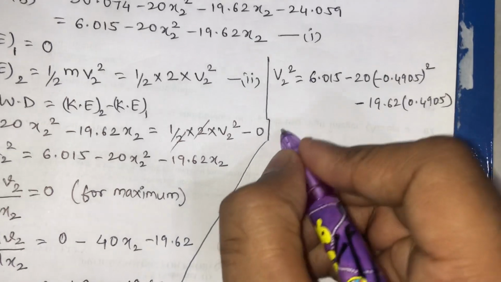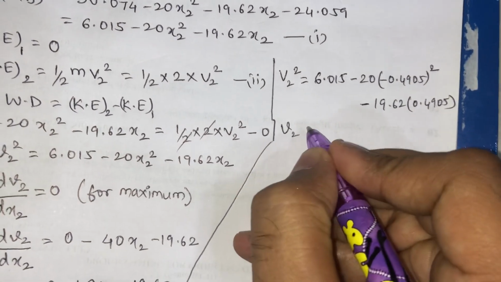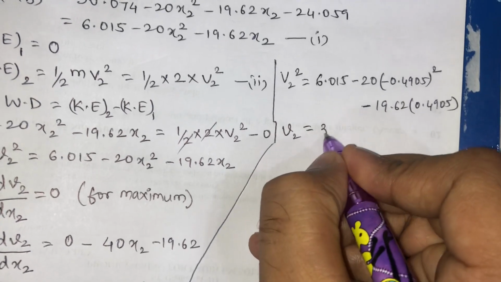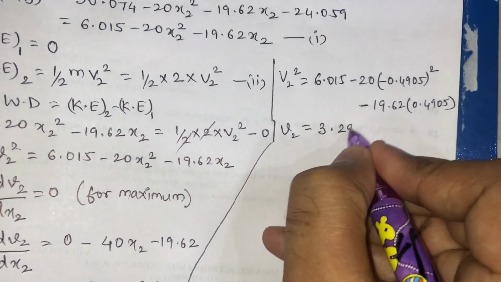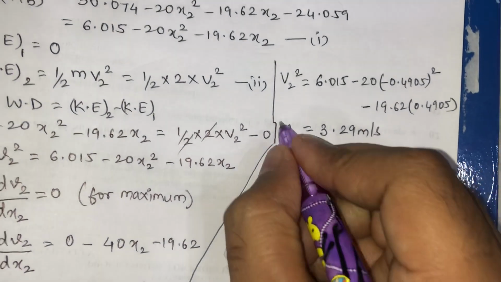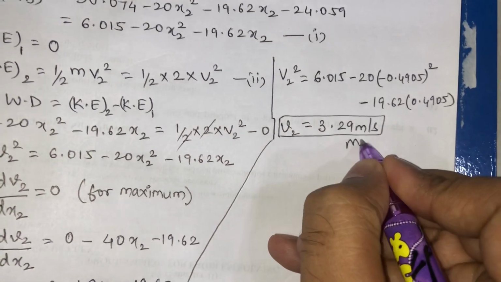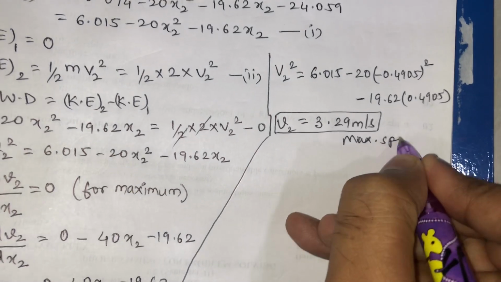If we relate this whole and find the value, that gives v2 equals 3.29 meter per second, which is my maximum speed.